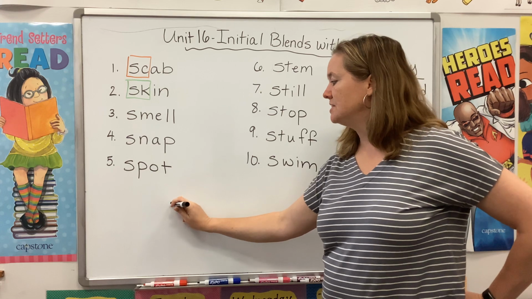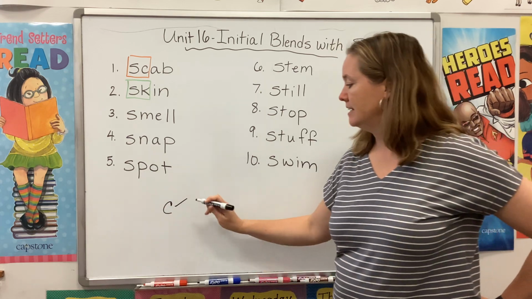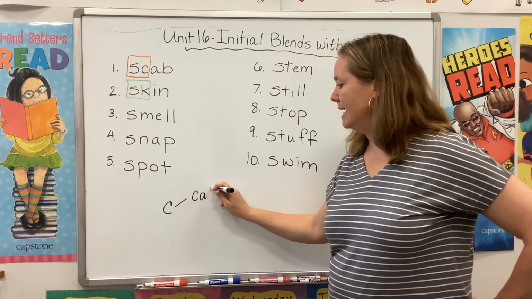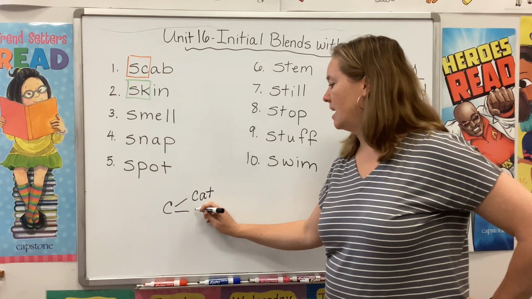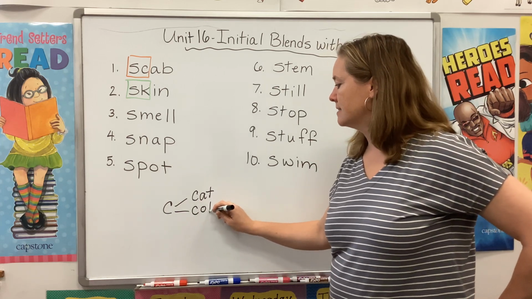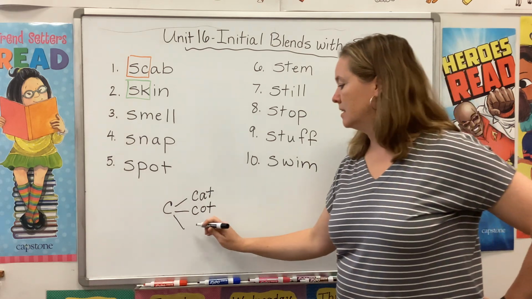The letter C is usually followed by an A in words like cat, an O in words like cot, or a U in words like cup.